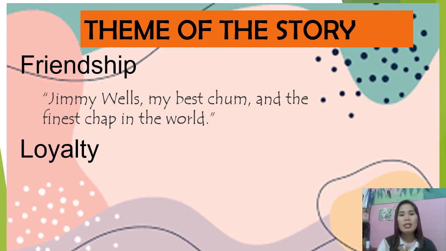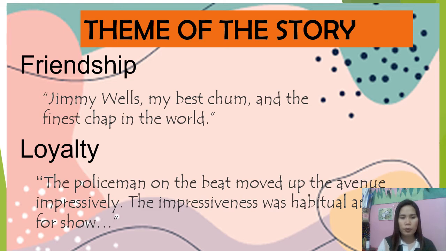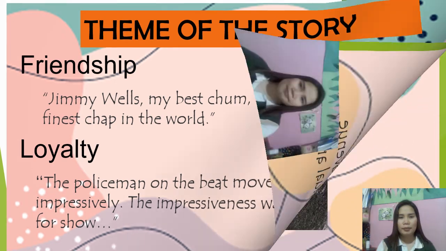However, he still considers their friendship by sending someone else to arrest his friend rather than arresting Bob himself. So that is loyalty. Here, the policeman on the beat moves up the avenue impressively. So it talks about loyalty with his work.